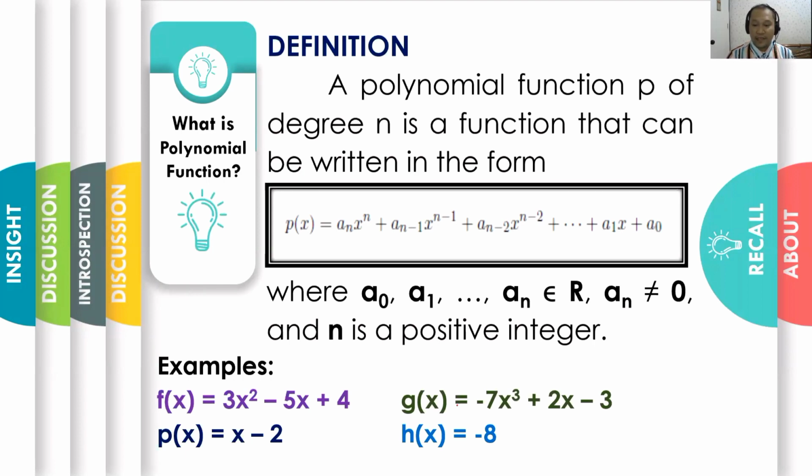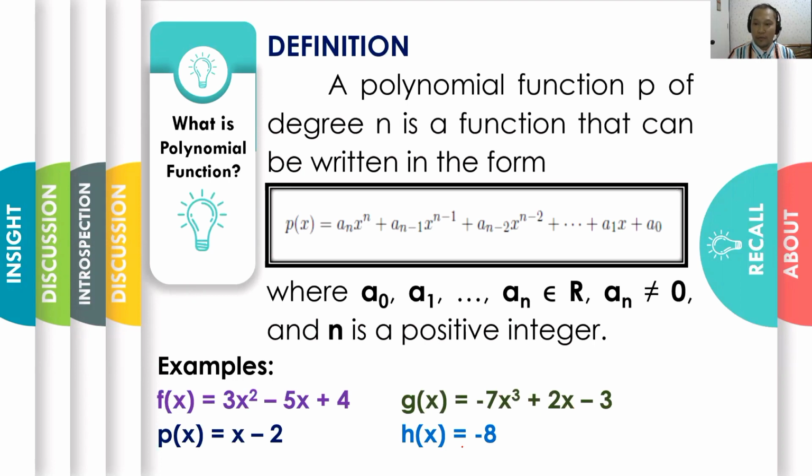For g of x is equal to negative 7x cubed plus 2x minus 3, our exponent here is positive 3. And as well, our a sub n is not equal to 0, even for f of x and p of x. And for the last one, we have h of x, which is negative 8.